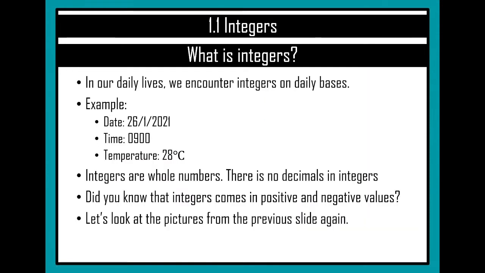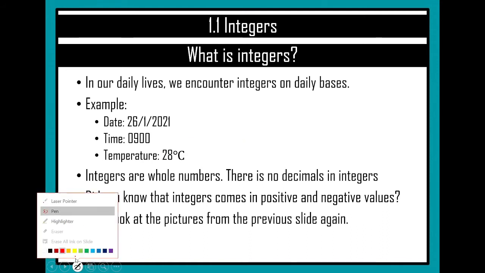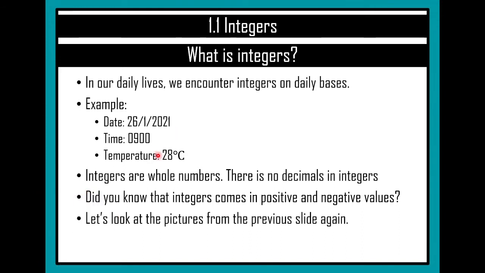So in our daily lives, we encounter integers on daily basis. For example, date, so 26th of January 2021, or time, 9 a.m. in a 24-hour system, or temperature, 28 degrees Celsius.